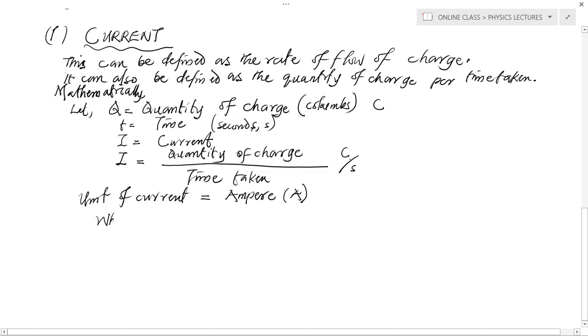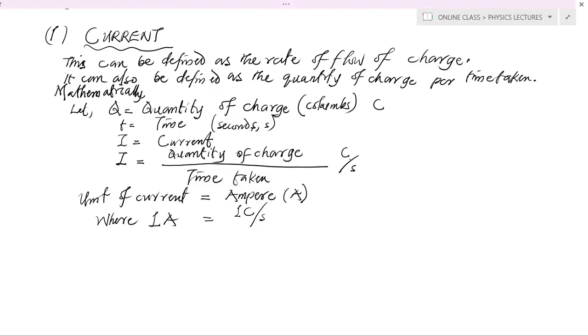Here, 1 ampere is equal to 1 coulomb per second. So from this, we can easily see that 1 ampere is the same thing as 1 coulomb per second. That is what current is and the way it is measured.